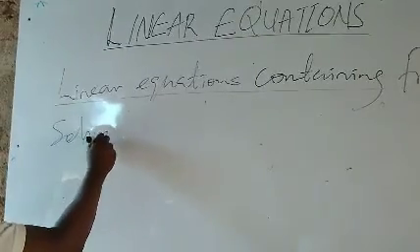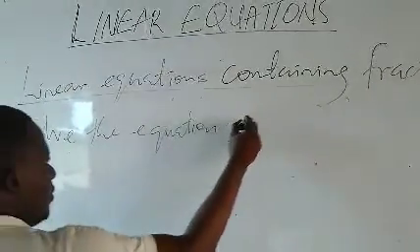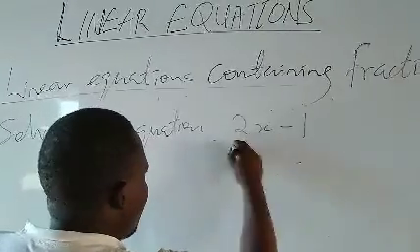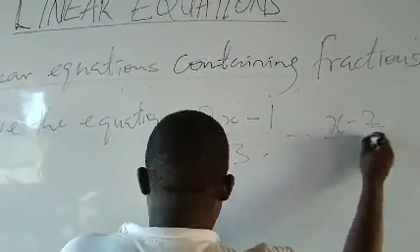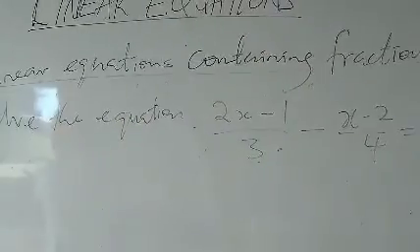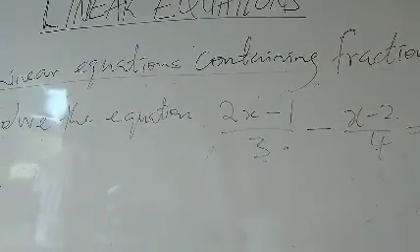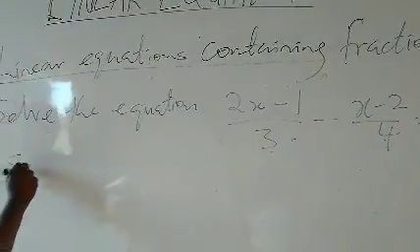Solve the equation (2x - 1)/3 - (x - 2)/4 = 1. If you get this, let's solve it together now.